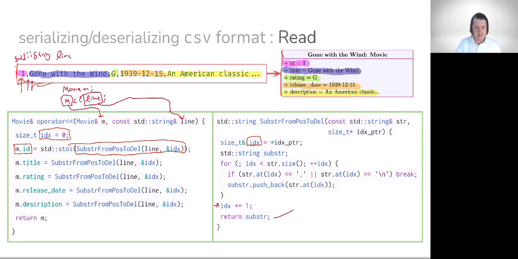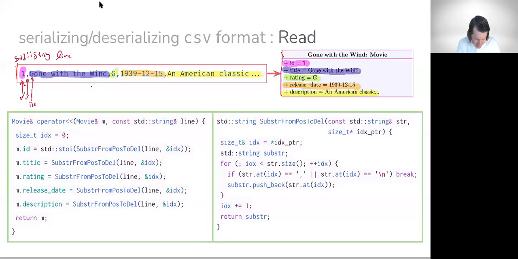So I've cleaned this up a little bit, so maybe the second pass through here will be a little bit clearer. After we've returned from the first call to substring from position to delete, IDX is going to be equal to 2, which is essentially representing the third element in our string line here.